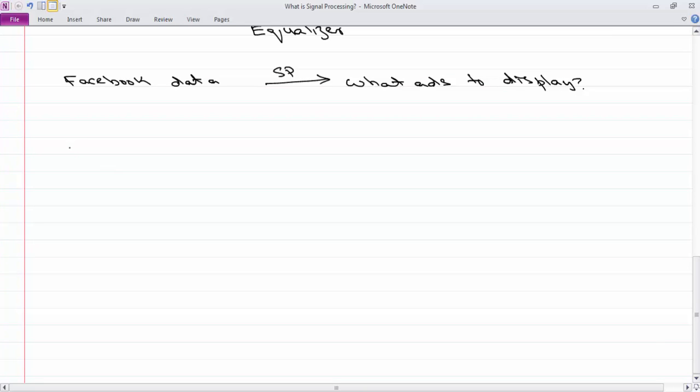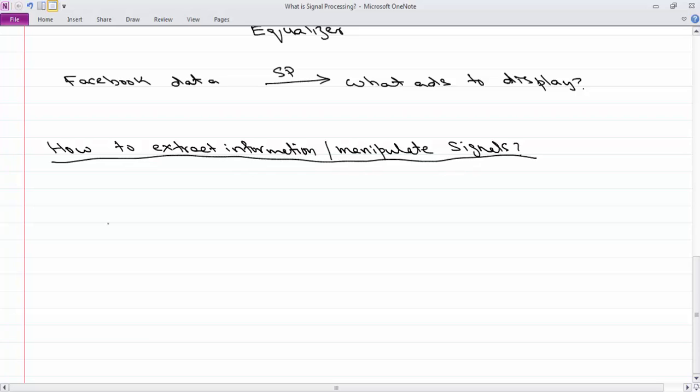So if signal processing is about extracting information or manipulating signals, the question is how to extract information or manipulate signals for desired outcome. And the first thing is there is no universal recipe.